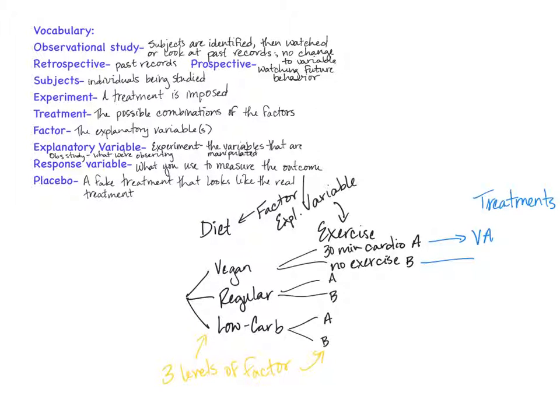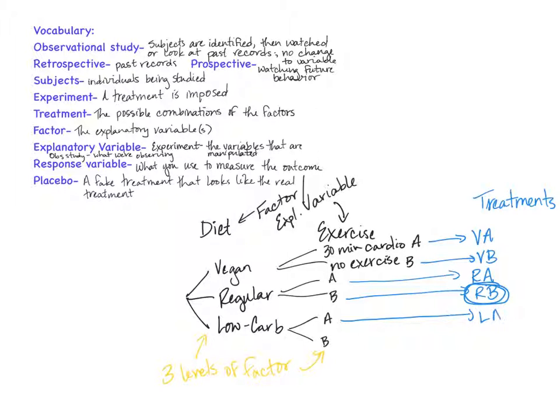This one will be vegan diet and no exercise, VB. This will be a regular diet and 30 minutes of cardio. Then a regular diet and no exercise. This right here is my control group that I'm not doing anything with. Regular diet, no exercise.